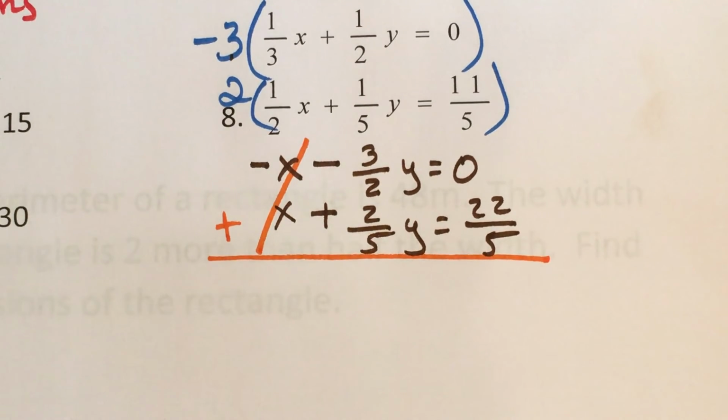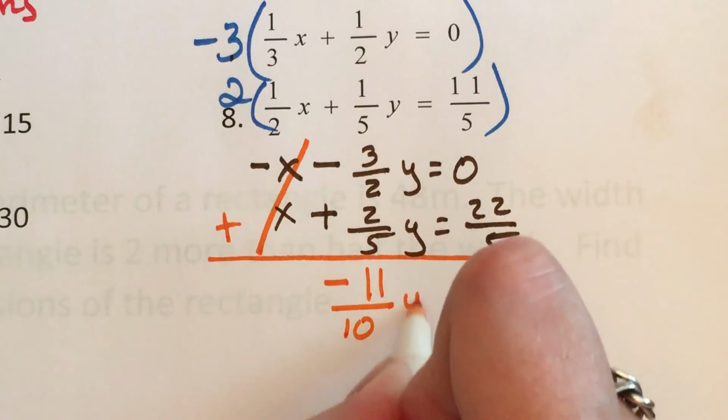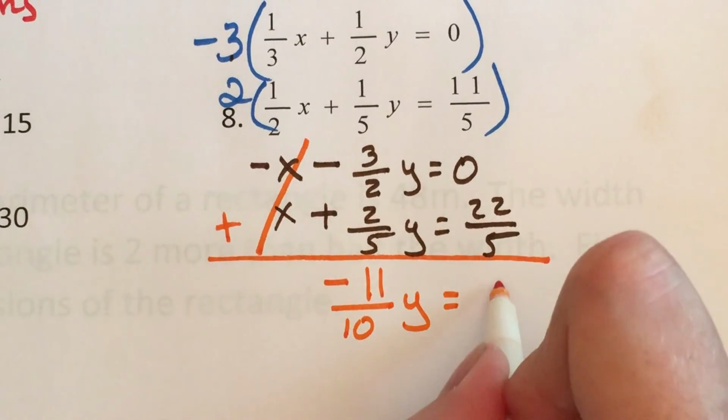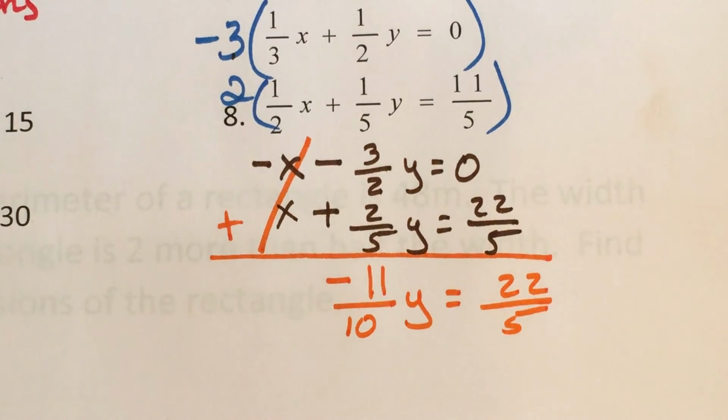And you can put these fractions in there exactly as they are. And when you do that, you find out it's negative 11/10 y equals 22/5. Is this solvable? Yeah.